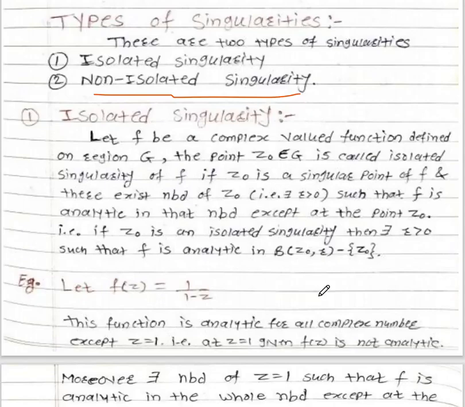Suppose that z0 is any point in region G. We say that z0 is an isolated singularity if z0 is a singular point of the function f of z, and there exists a neighborhood of it such that f of z is analytic in that neighborhood except the point z0. There exists r greater than 0 such that f of z is analytic in the open circle whose center is z0 and radius r, minus z0.